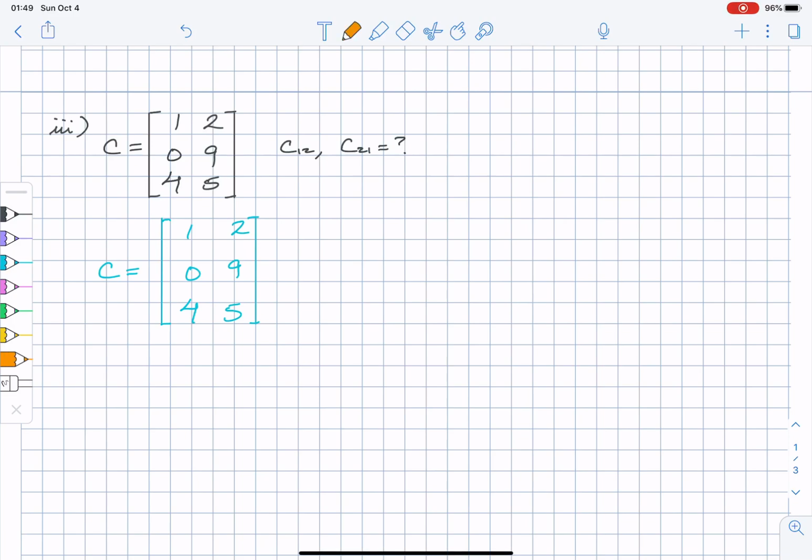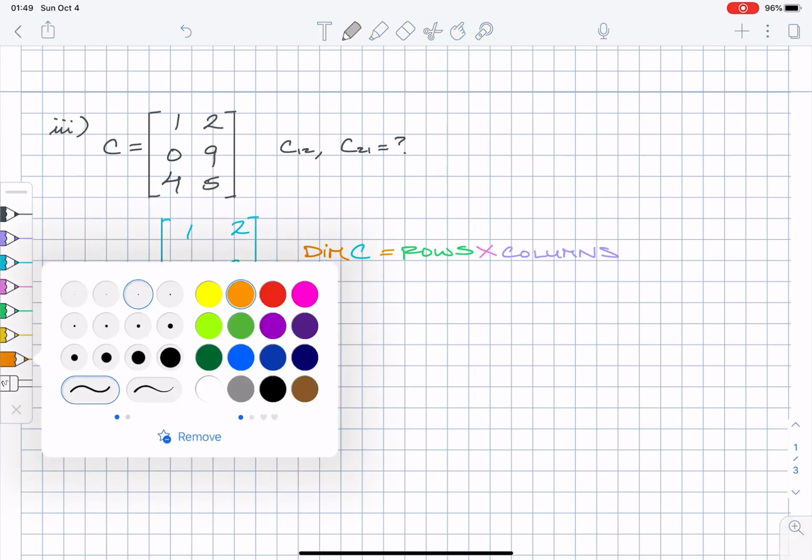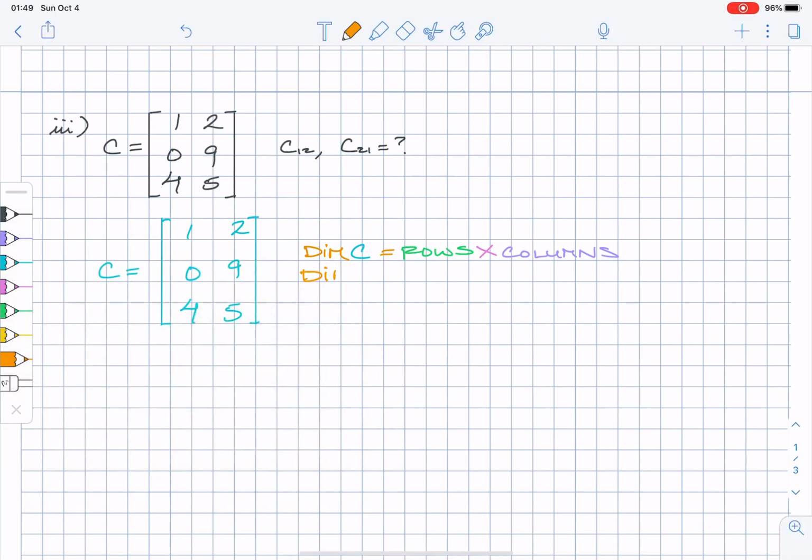Okay, so I know that the dimension of matrix C is going to be rows by columns. So the dimension of matrix C is going to be how many rows? 1, 2, 3. By how many columns? 1, 2.